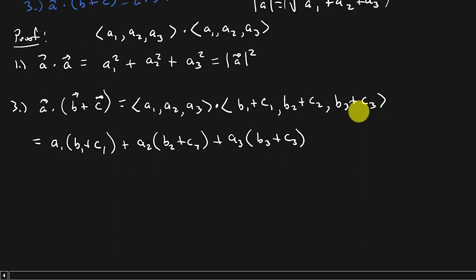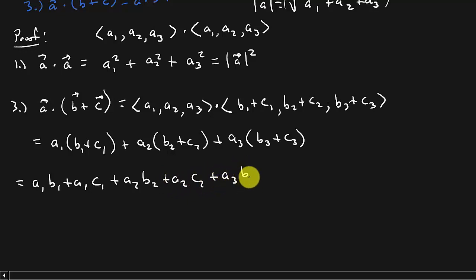And now what am I going to do? Well, now I'm going to distribute the A1, distribute the A2, distribute A3. And so that's going to be A1 B1 plus A1 C1 plus A2 B2 plus A2 C2 plus A3 B3 plus A3 C3. All right.